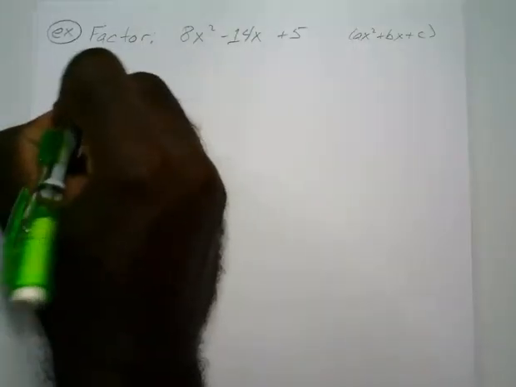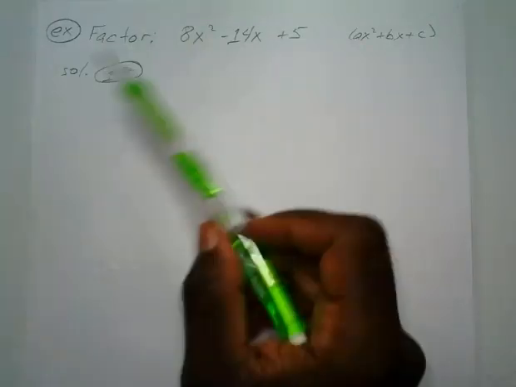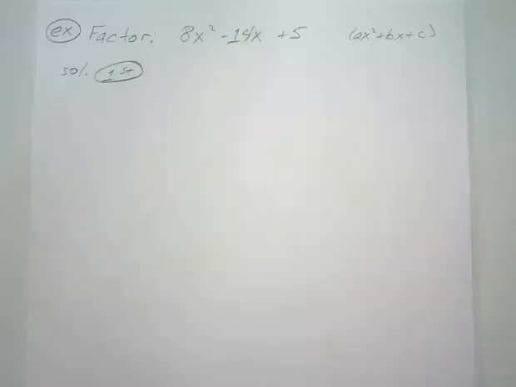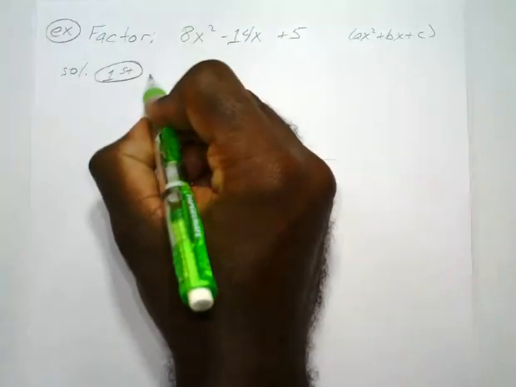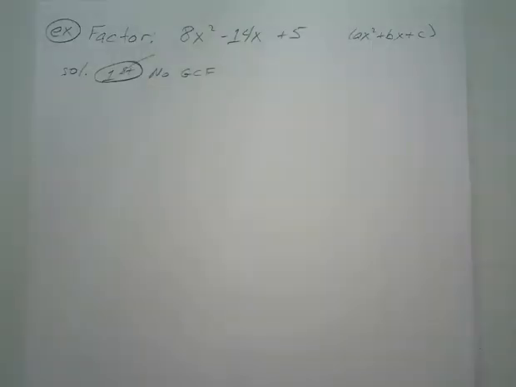Now we're going to go through our steps. Your first step, you can't factor a value other than 1 out of all 3 of those terms. So you don't have a common factor, so there's no greatest common factor, and you can skip that step.